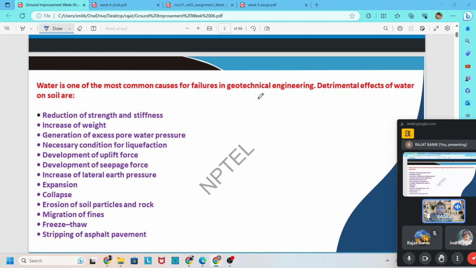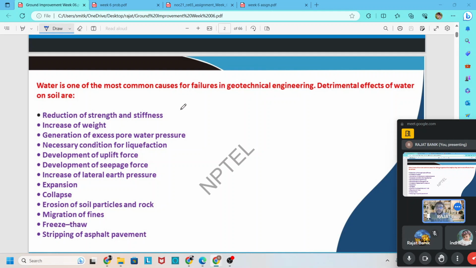Another is increase of weight and generation of excess pore water pressure, necessary condition for liquefaction, development of uplift force, development of seepage force, increase of lateral earth pressure, expansion, collapse, erosion of soil particles and rock, migration of fines, freeze-thaw, and stripping of asphalt pavement.